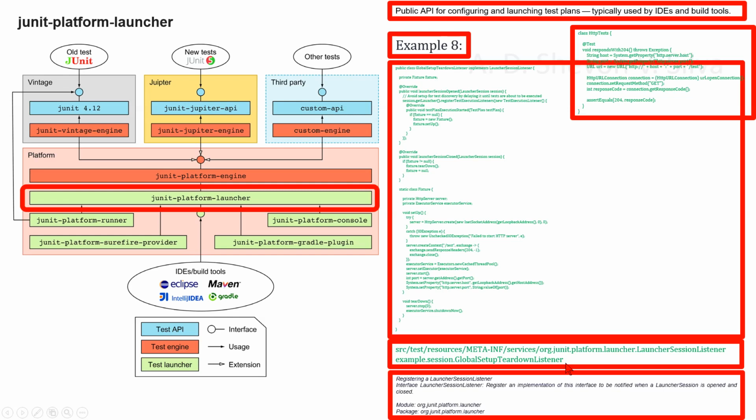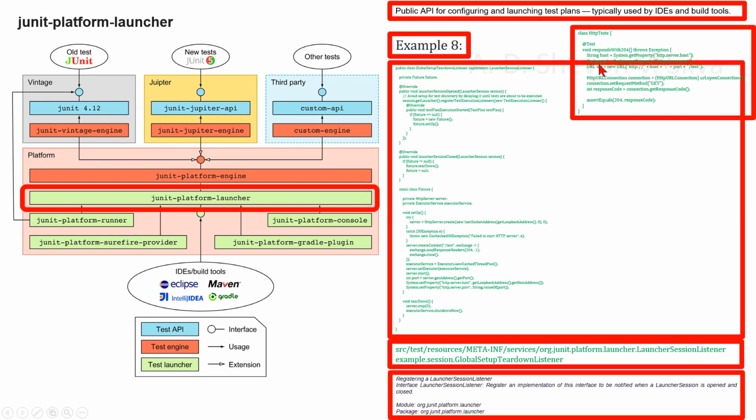Now you can use the resource from your test. Here, HTTP tests. Here, read the host address of the server from the system property set by the listener, and read the port of the server from the system property set by the listener.